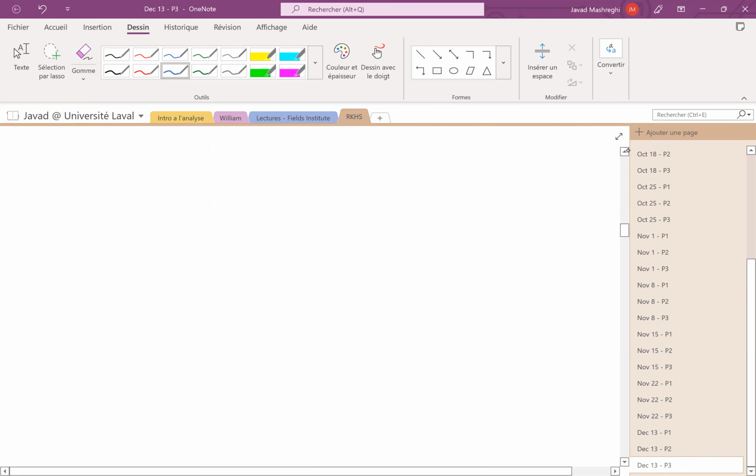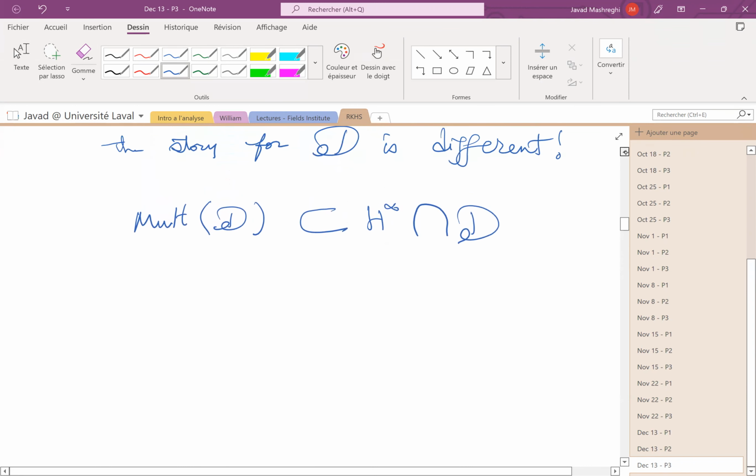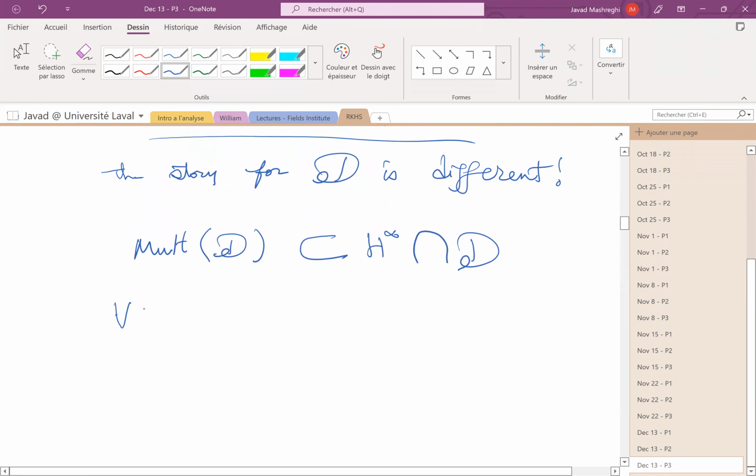And also we know that for any F in Mult D, the norm infinity of F is less than or equal to the norm of F in M. We know that based on the general theory that we developed before.